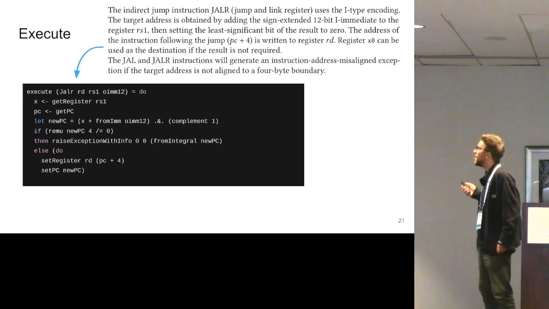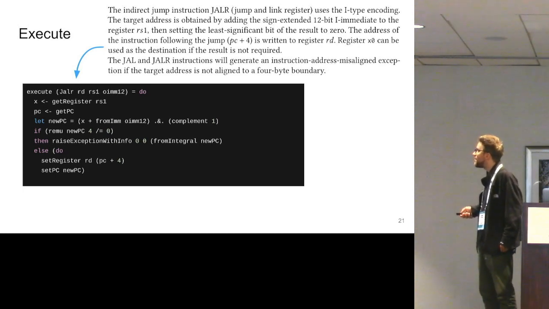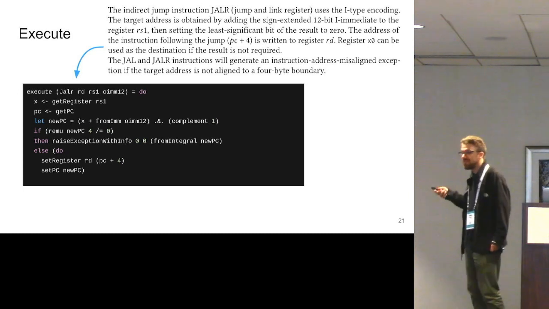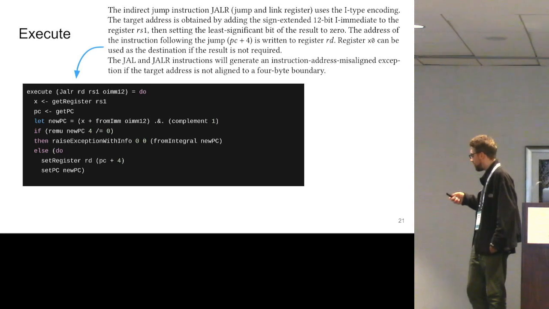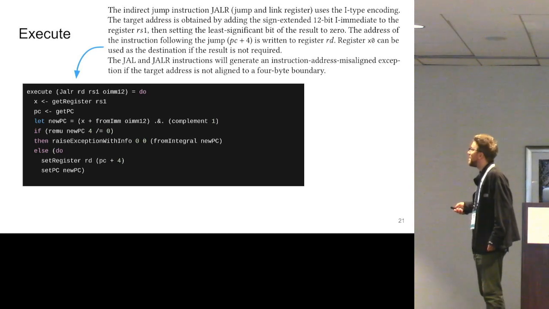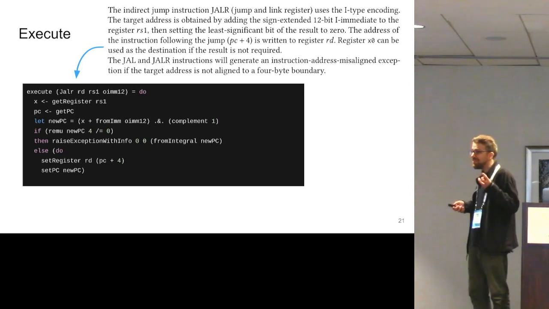Raise exception with info is another helper function that is expressed in terms of the primitives that I showed you. We tried really to make this, if you squint hard enough, correspond to the official PDF spec.